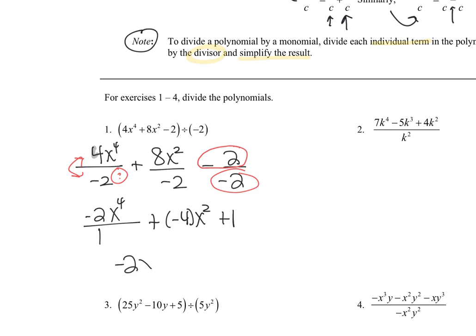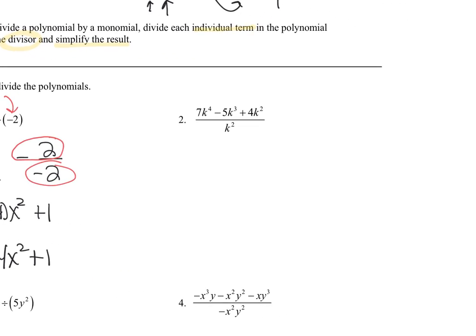So we're just going to clean this up a little bit. A positive and a negative make a negative, right? In multiplication, opposite signs are negative. 4x squared plus 1. So that would be in simplest form. And so that's dividing by just a real number.